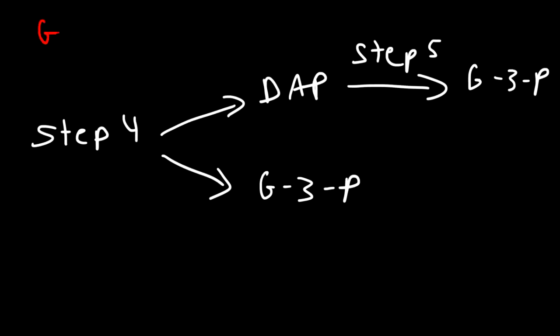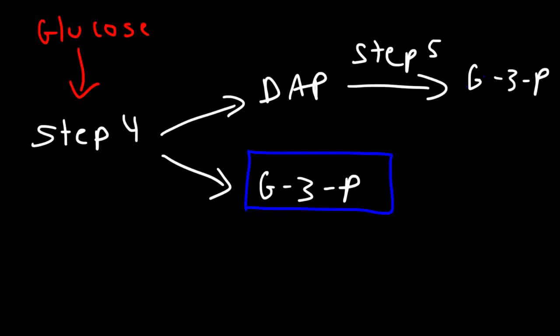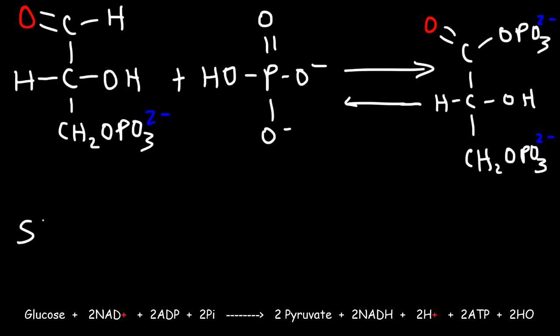So if we start from our original glucose molecule, at the end of step 5, we have 2 G3P molecules. So going from step 6 to step 10, we need to double everything since we have 2 of these molecules. Keep that in mind. Now let's move on to step 6 of glycolysis, the beginning of the payoff phase.